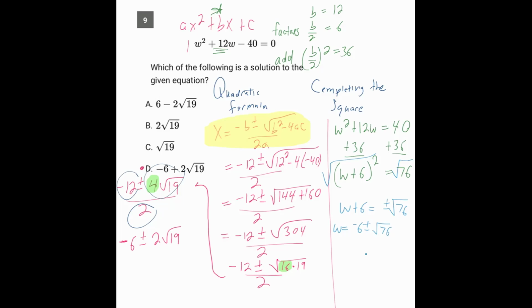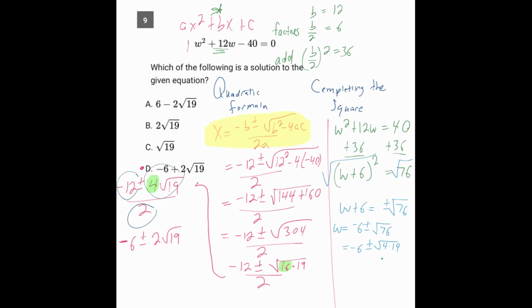And how do we simplify the square root of 76 in radical form? Well, once again, we can cheat from the fact that all the answers have square root of 19 in them. And so what is 76 divided by 19? That's 4. So 76 is really 4 times 19. So negative 6 plus or minus root 4 times 19.